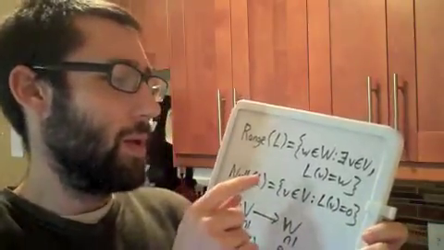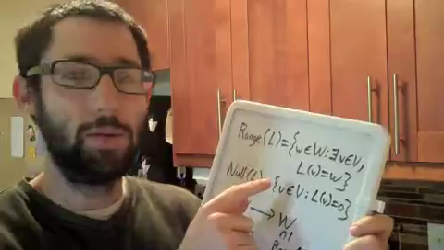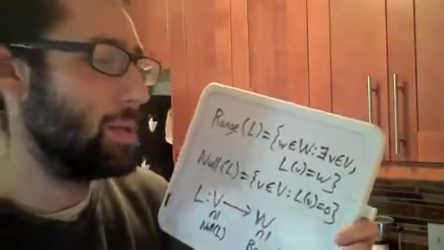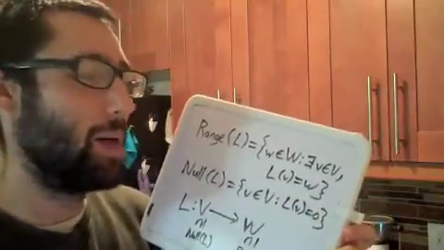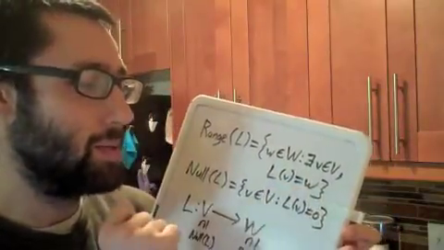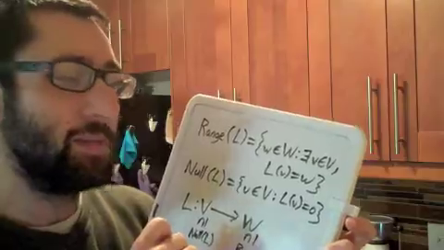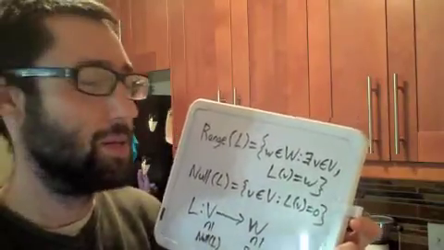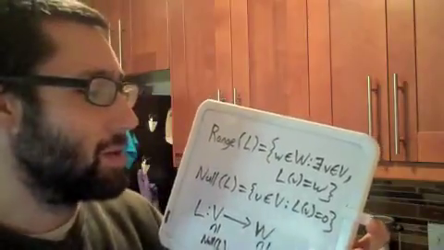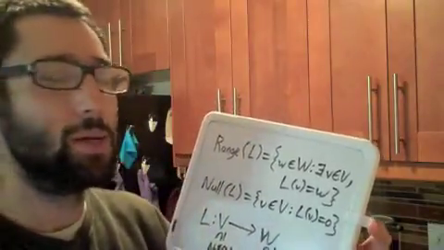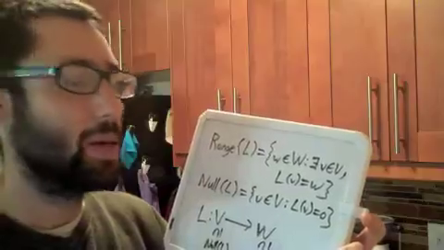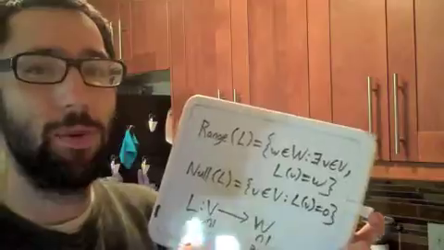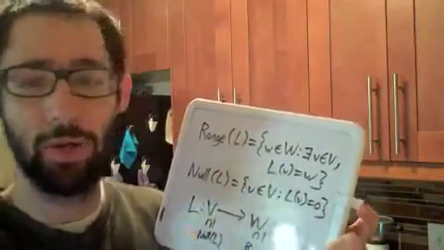Remember that the column space of a matrix, which is the same thing as the range space of that matrix, the space spanned by the columns, does not have to be the same dimension as the number of columns that there were. There could have been dependencies among the columns. So the rank of a matrix is how many independent columns there are. The rank of a linear transformation is the dimension of the range space.